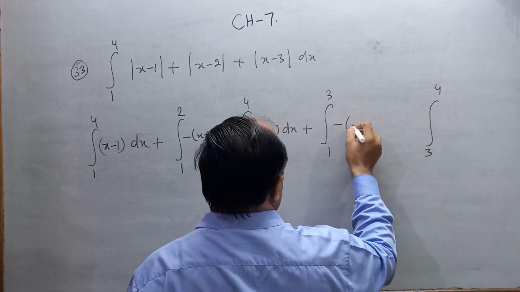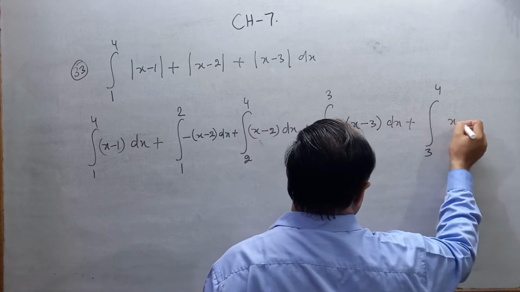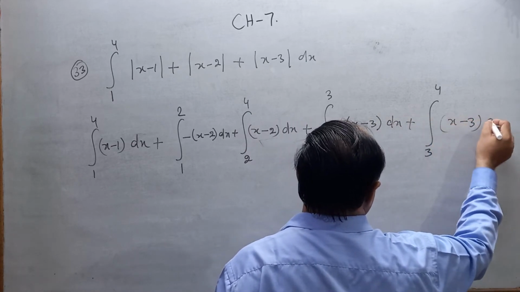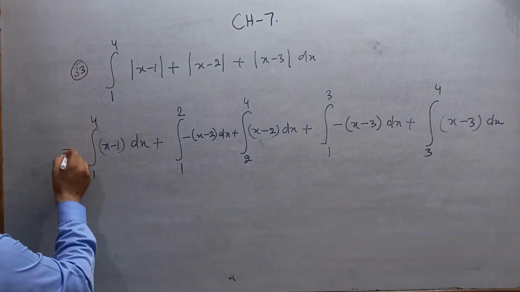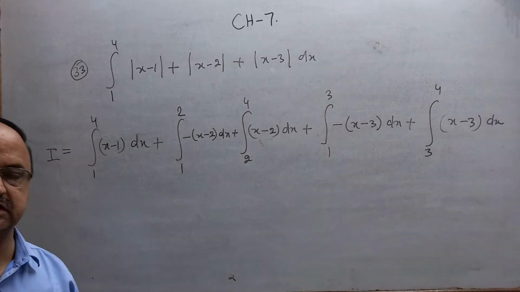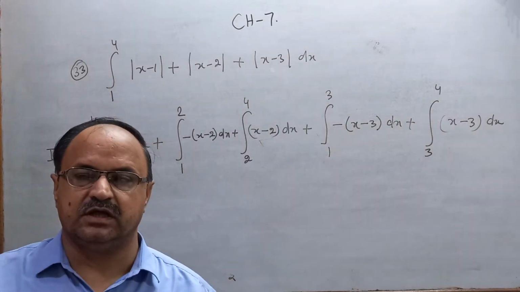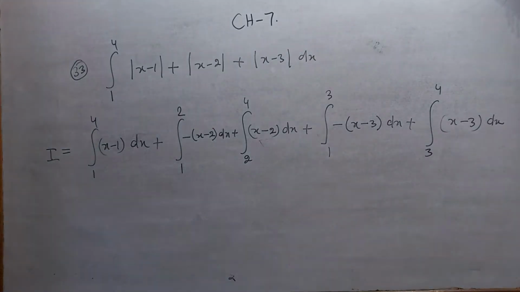From 1 to 3 it is the negative of the function, and this is the positive of the function. Further you can solve. Correct? Just simple integration, then upper limit minus lower limit. Okay. You can check again.